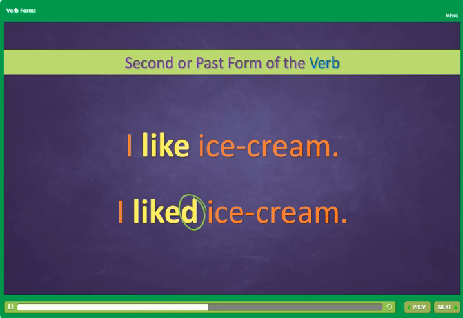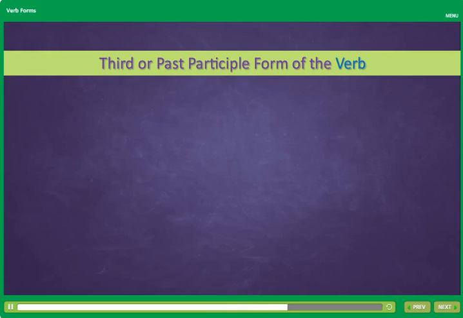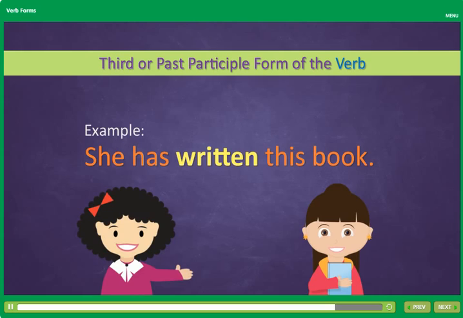We usually add ed to the base verb to change it into its second or past form. This is the form of the verb which is used with has, have, and had. In this example, written is the third or past participle form of the verb.